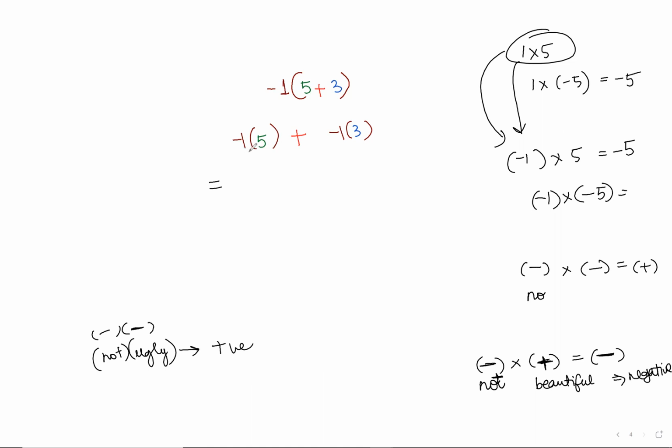Okay, so we were over here. Now can you tell me how much this will be? This is minus 1 multiplied by 5.